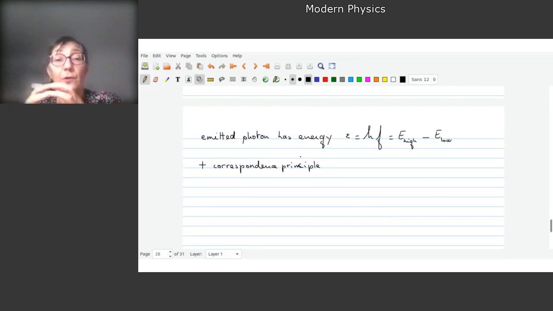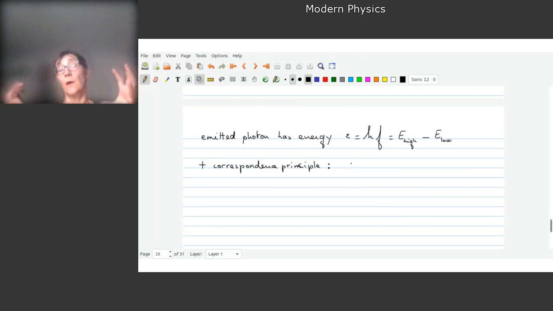But when you have a large particle, with bigger radius of orbits, you should find the same results as classical physics. This correspondence principle is still valid, because you can describe everything with quantum mechanics. It can be very difficult, but when you have macroscopic objects, you can make a connection between the quantum theory and the classical theory, the classical mechanics as you know it. And so this is the correspondence principle.